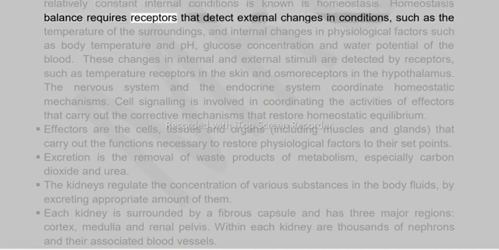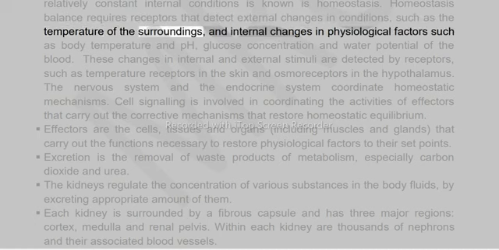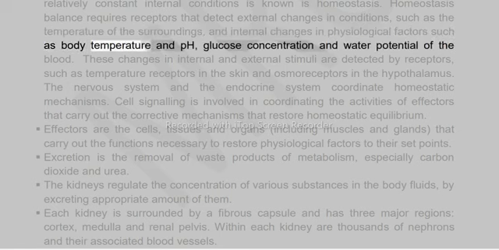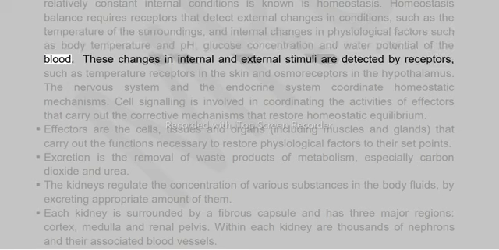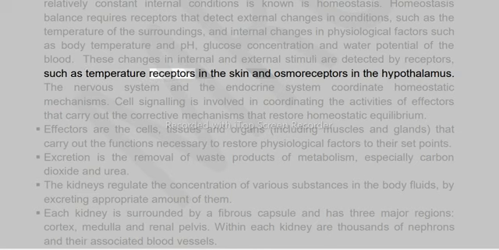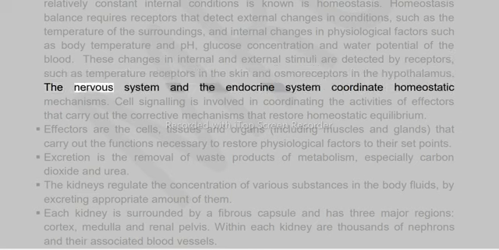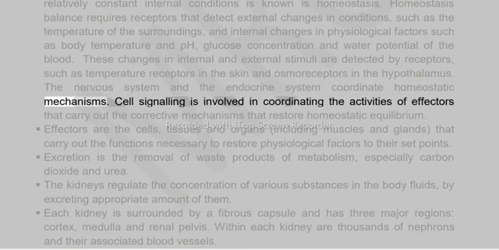Homeostasis requires receptors that detect external changes in conditions, such as the temperature of the surroundings, and internal changes in physiological factors such as body temperature and pH, glucose concentration, and water potential of the blood. These changes in internal and external stimuli are detected by receptors, such as temperature receptors in the skin and osmoreceptors in the hypothalamus. The nervous system and the endocrine system coordinate homeostatic mechanisms.